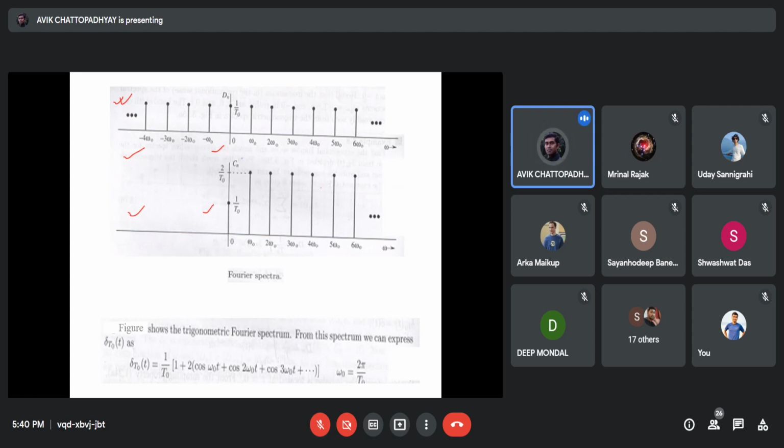Please note, from the practical perspective, for most of the periodic signals we deal with in practice, the Fourier coefficients actually decrease for higher order harmonics. The rate of decrease is something different, that I'm not going into. It will decrease.